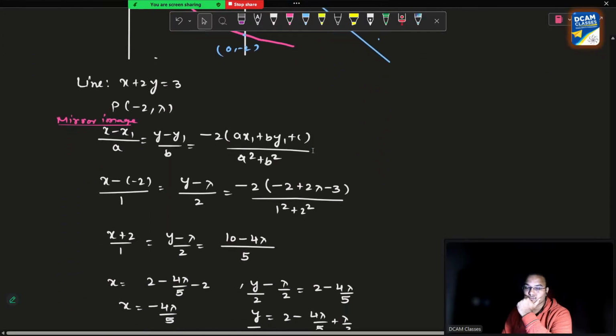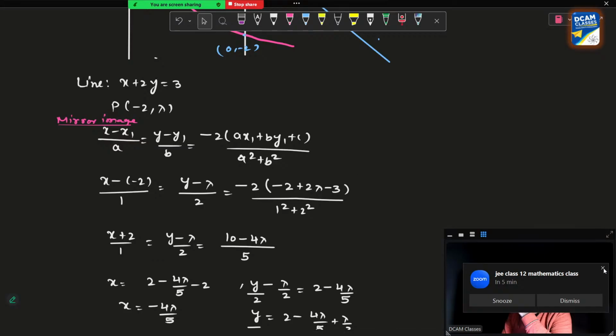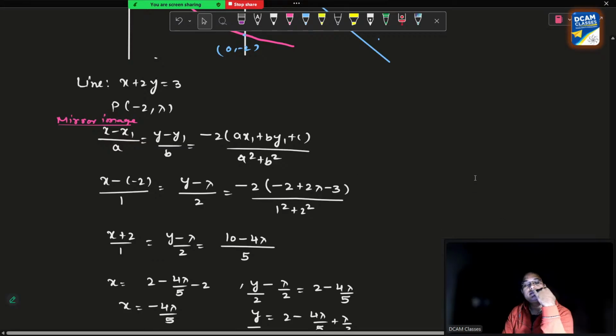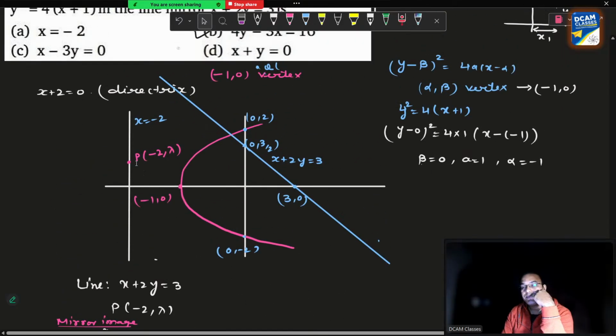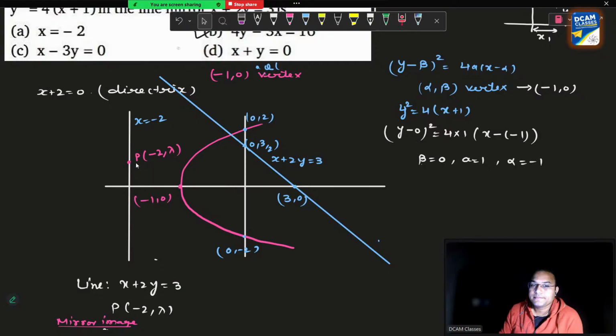Can you tell me once again why we took the point P? See, actually, it's very difficult to find the mirror image of the line. So what we do, we assume the point P. How I have taken P, that you are asking? Yes, sir, and the reason also.